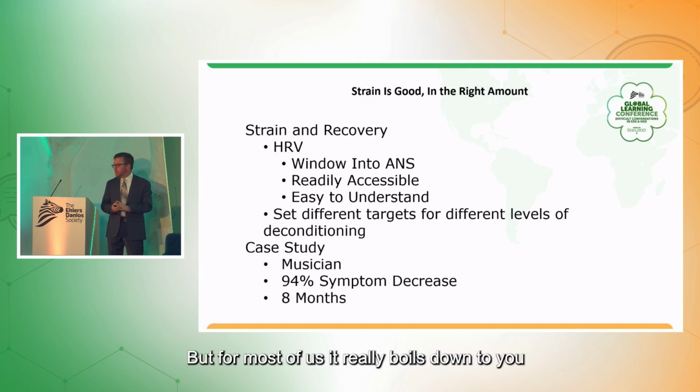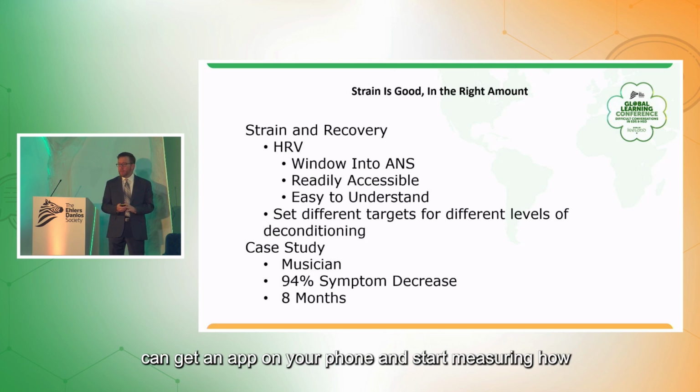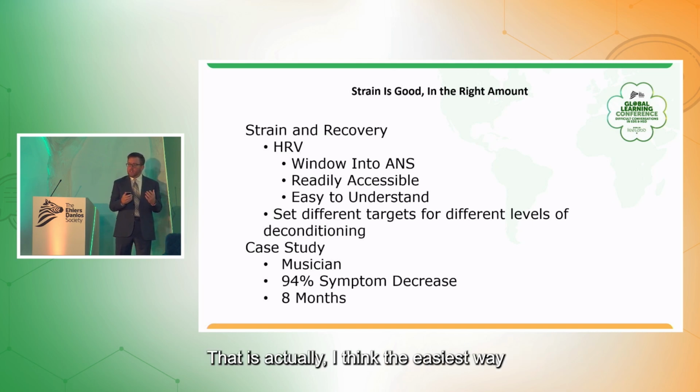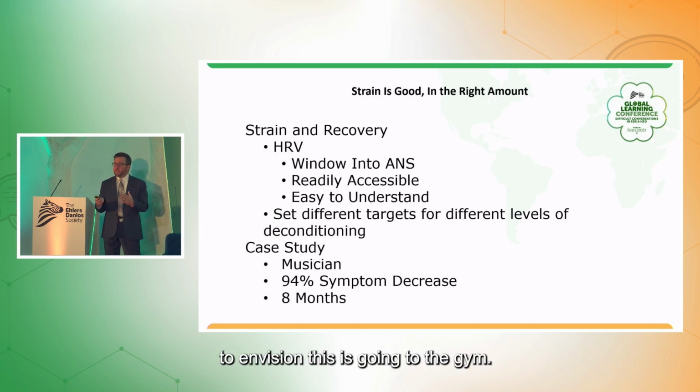But for most of us, it really boils down to you can get an app on your phone and start measuring how well you are stressing your body, which is good. We want a certain amount of stress. That is actually, I think the easiest way to envision this is going to the gym.